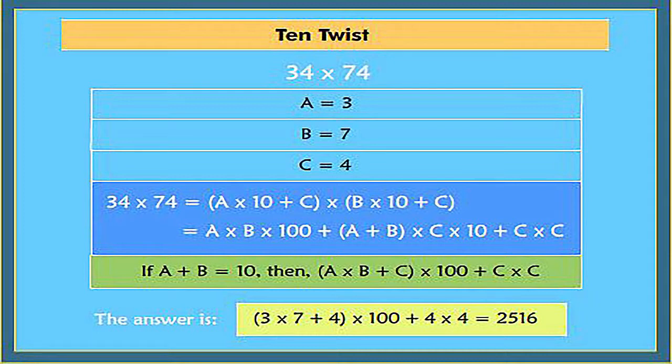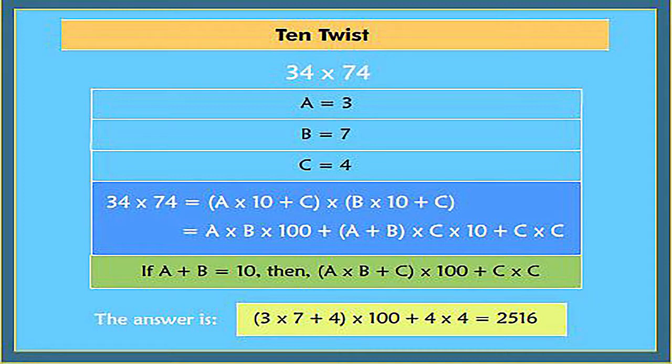For the first example on the screen, 34 times 74 satisfies these conditions. First, they both have 4 for the lower digit. Second, the sum of 3 and 7 is 10. In this case, you multiply 3 and 7 and obtain 21. Then add 4 and obtain 25.